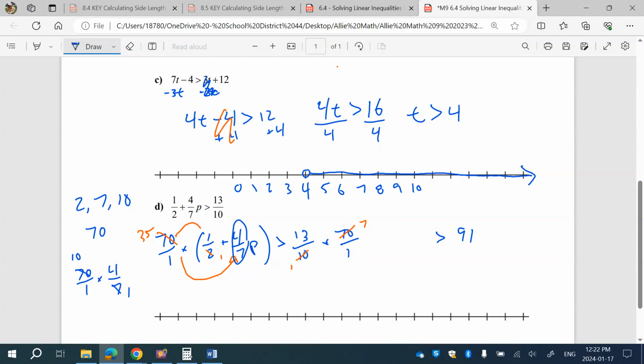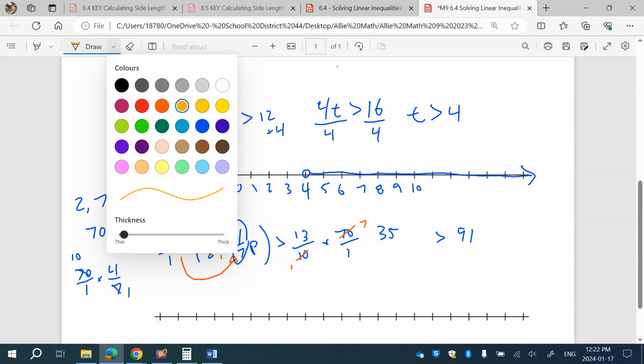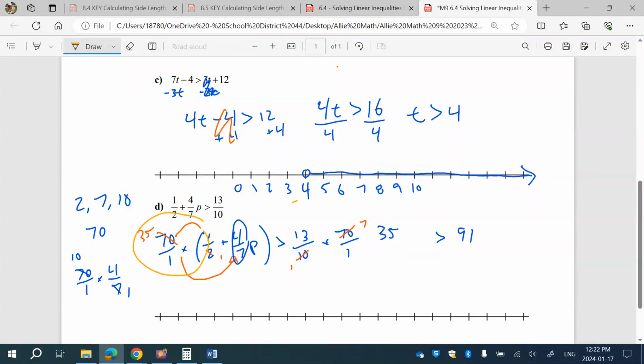We're now left with 10 times 4. So I'm going to rewrite this over here. We have a 35, which I got from this one. And for this one, we end up with 10 times 4, which is going to be 40, plus 40, and it's still p.